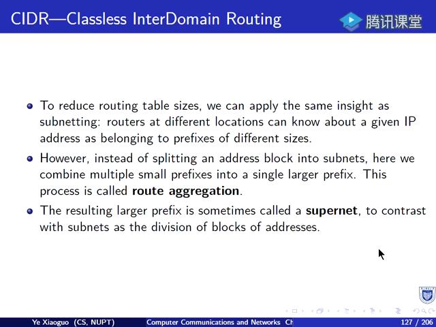This process is called route aggregation. The resulting larger prefix is sometimes called a supernet, to contrast with subnets as divisions of blocks of addresses.